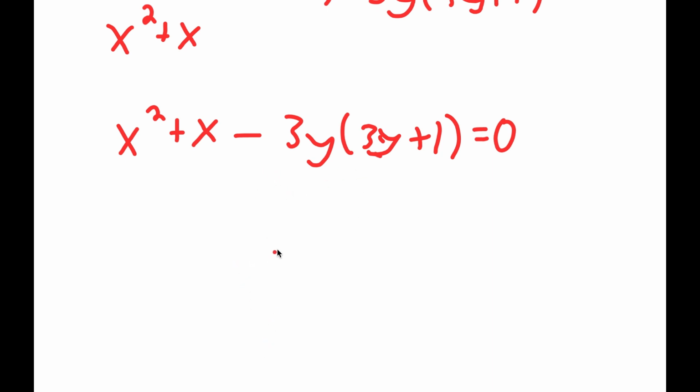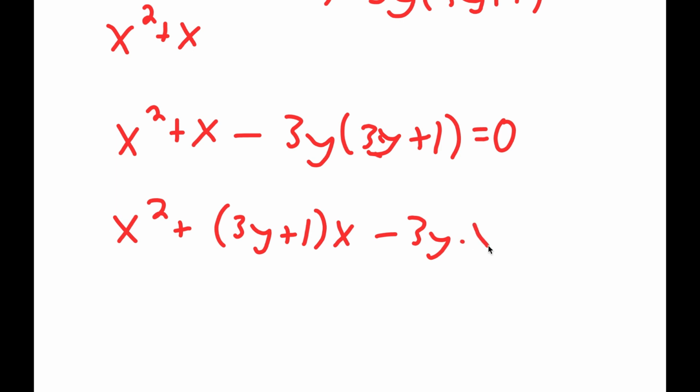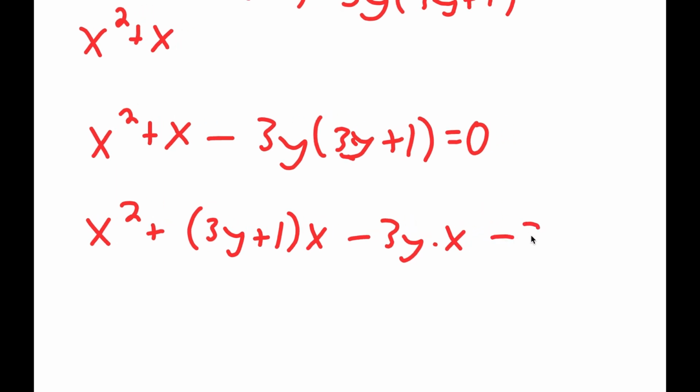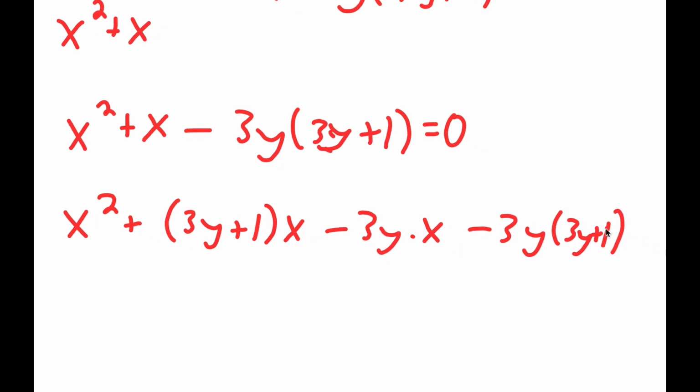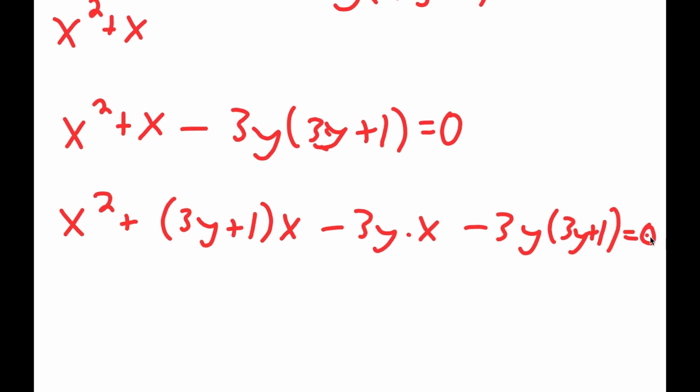And from here, I can write this as x squared plus 3y plus 1 times x minus 3y times 3y plus 1 is equal to 0.